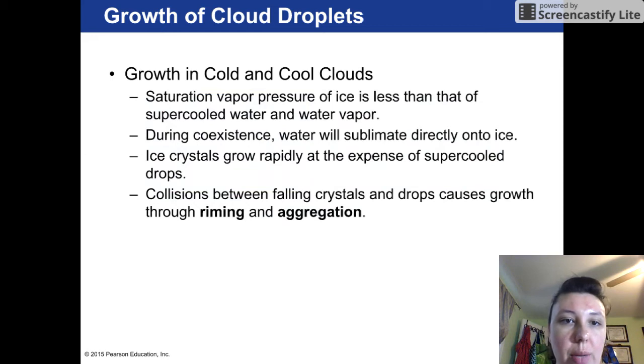Growth in cold cloud process is incredibly quick, and that has to do with that saturation vapor pressure that I was just talking about. Two other terms that the book likes to introduce you to are rimming and aggregation.